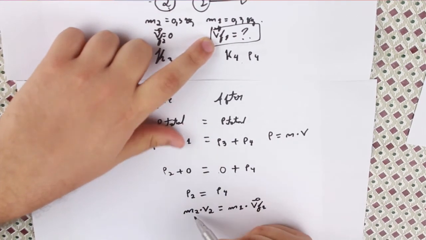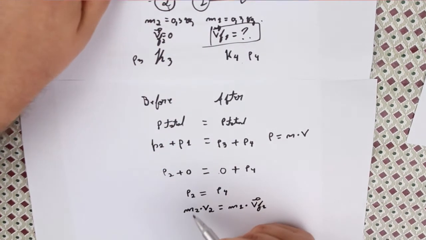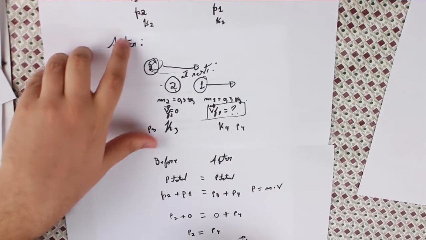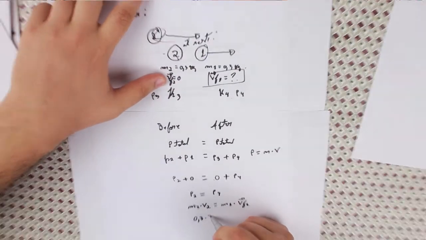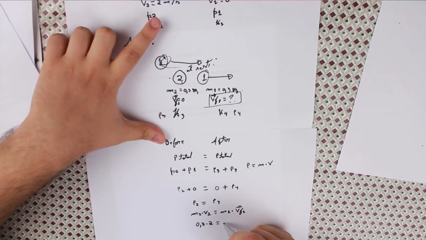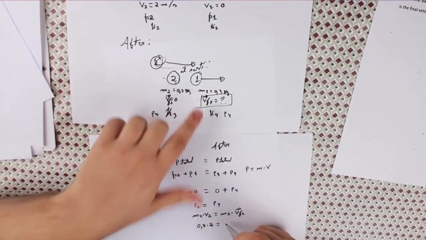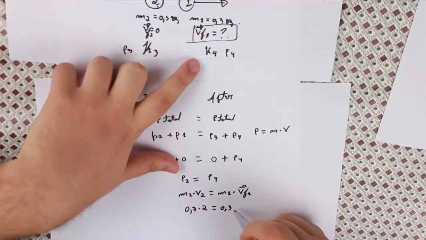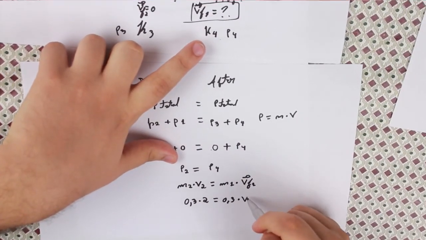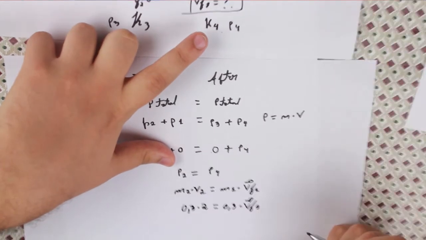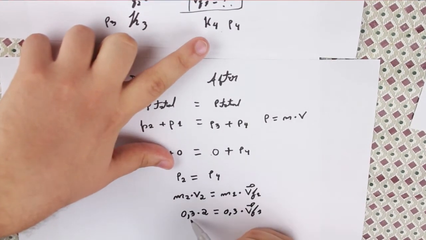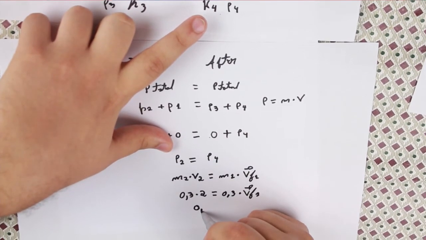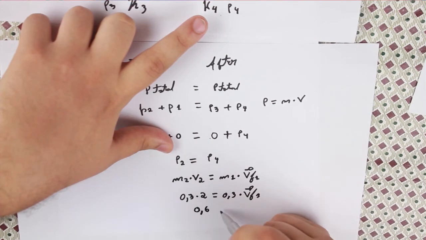The mass of ball 2 we know, which is 0.3 kilograms, times its velocity, 2 meters per second, equals the mass of ball 1, which we also know, 0.3 kilograms, times the final velocity of ball 1. Right. That gives 0.6.